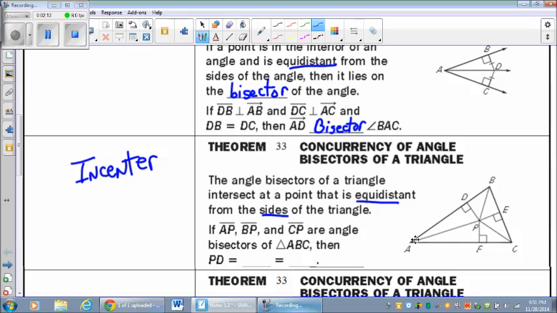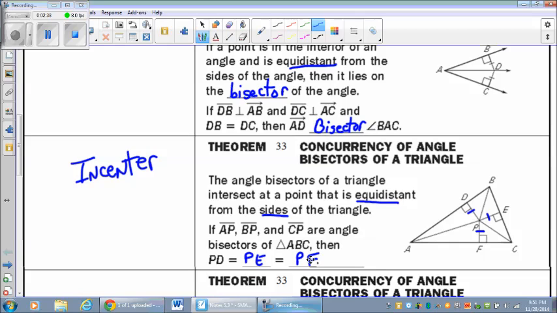That means that AP, BP, and CP are angle bisectors, so each one cuts the angles of that triangle in half. Then that means that PD right here will be equal to PE as well as PF. So in our blanks, we need PE as well as PF.